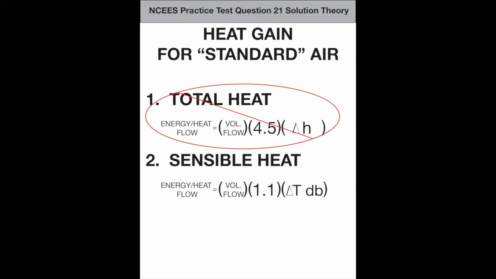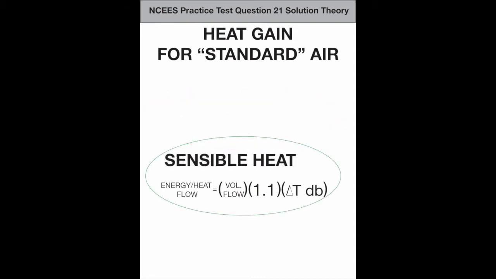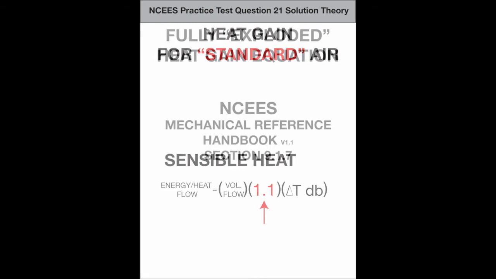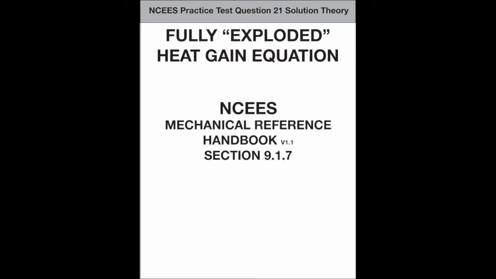The sensible heat gain equation for standard air is this. But is the question using standard air? What makes this equation assume that the air is standard is found here, in the 1.1. Find the fully exploded heat gain equation in the NCEES Mechanical Reference Handbook, section 9.1.7.